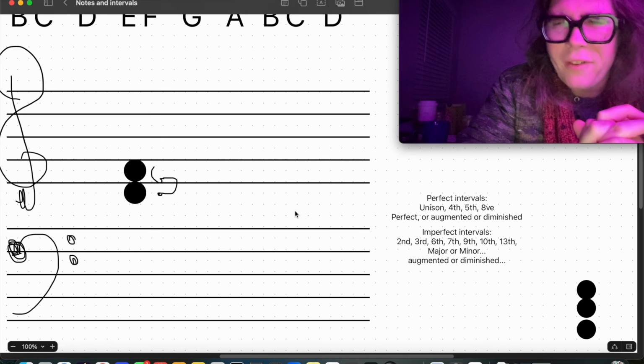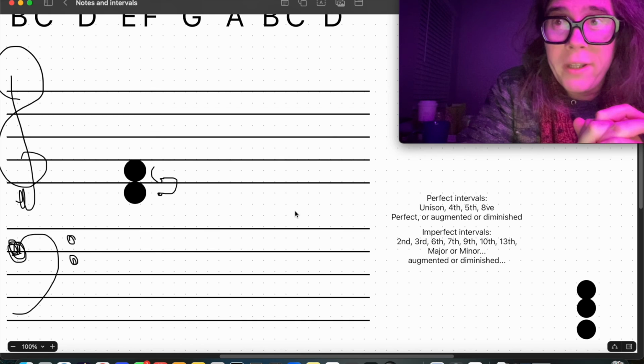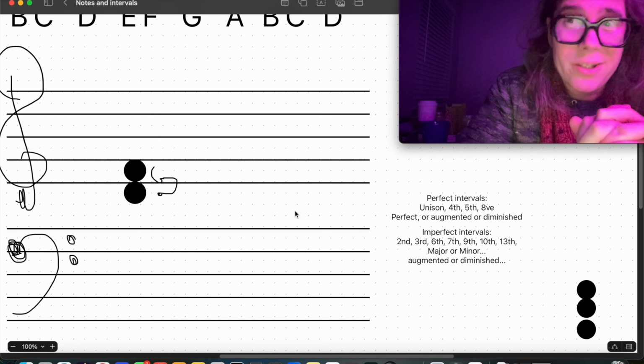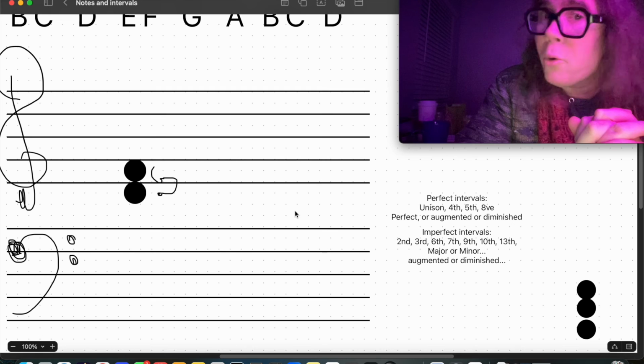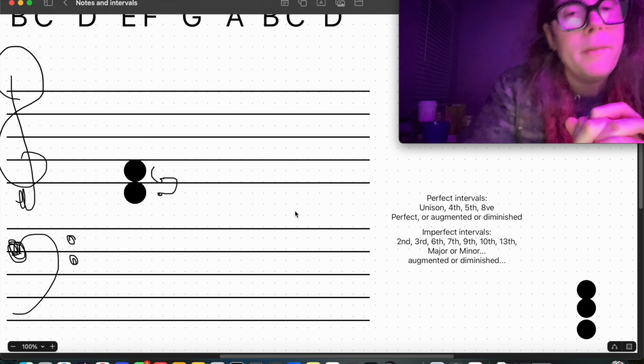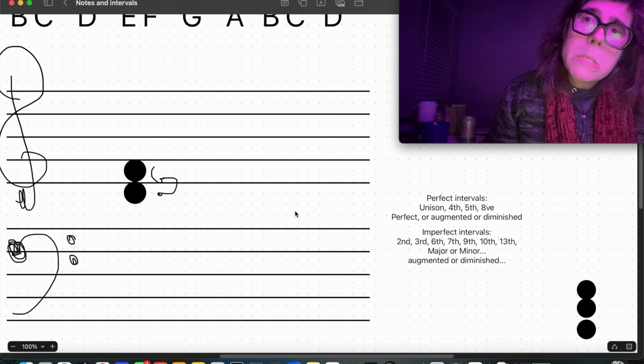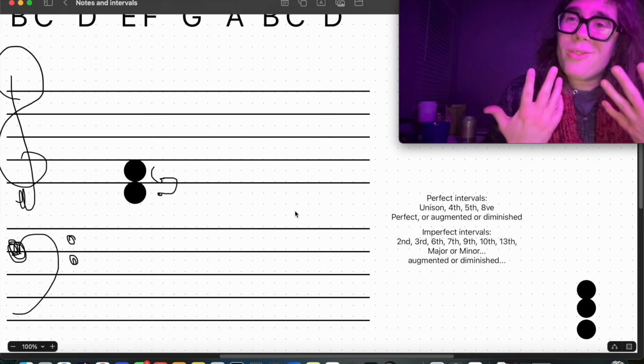That's kind of how this functions. At first, it might seem a little confounding, and you have to literally do some math. But the more you do this, the more intuitive it will be. I promise. Okay, so let's go analyze some semitones.